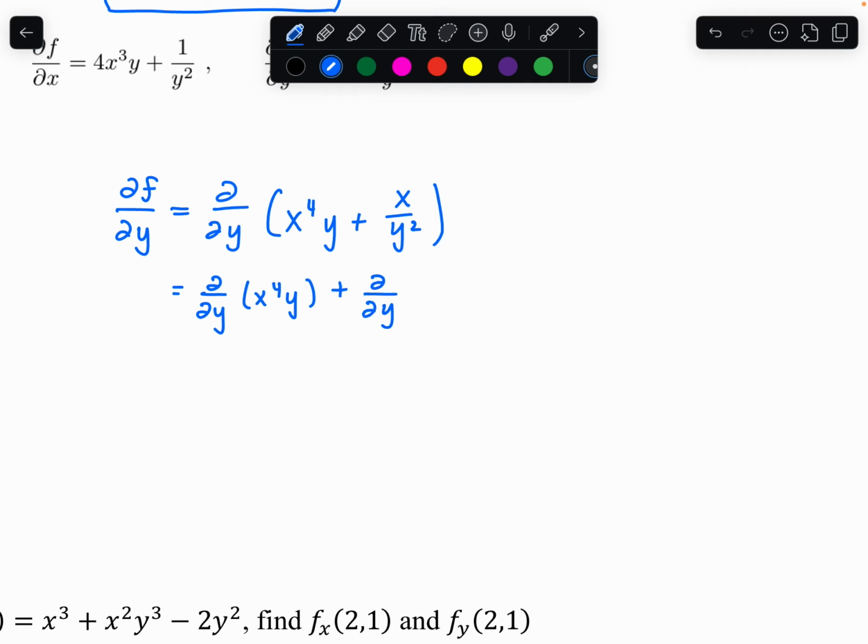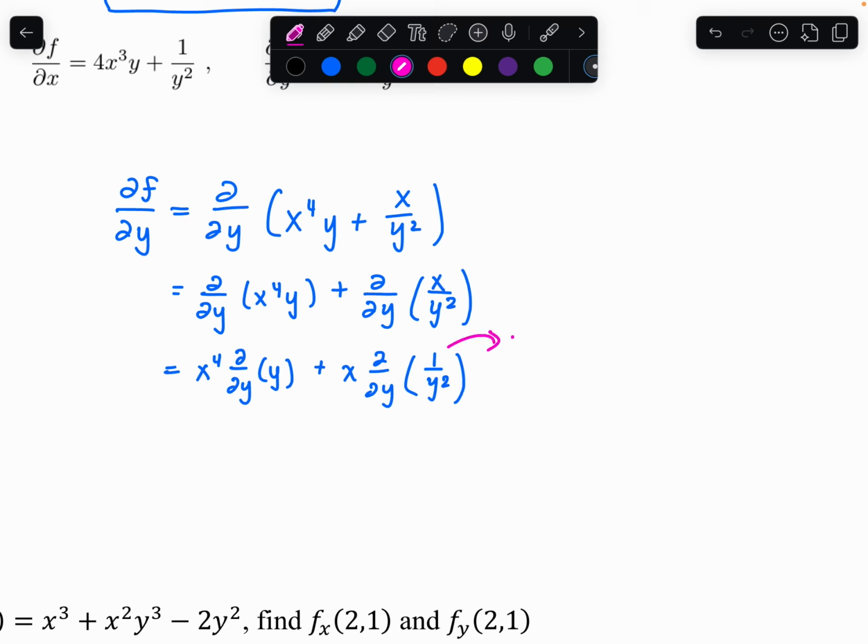Again, this is a lot of what happens in my head, not so much that I write it, these 2 steps that I'm writing out right now. So this one where I can kind of distribute the partial and then pull out the constants. Again, this is the stuff that I do in my head. But don't forget, whenever you see stuff like this, you got to rewrite using your negative exponents.